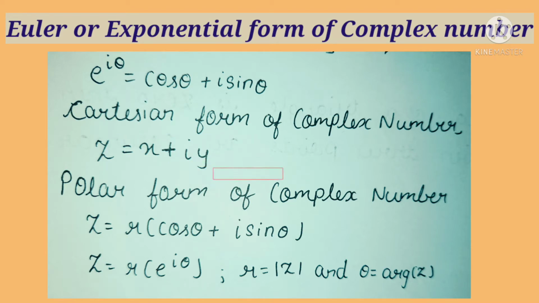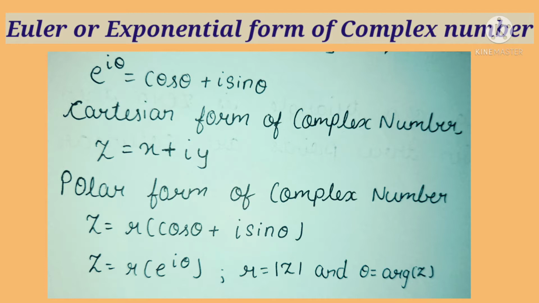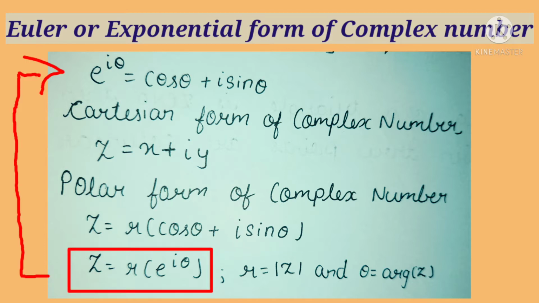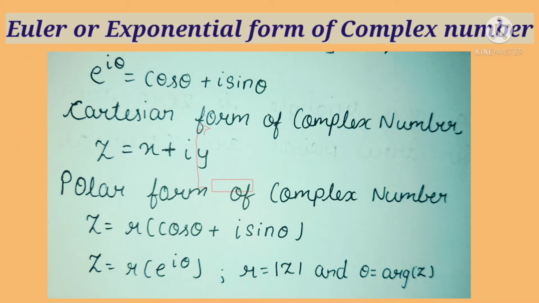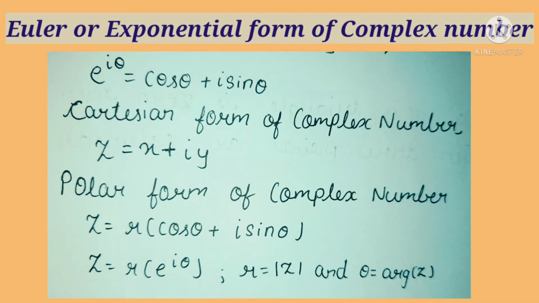Then the polar form of z is z is equal to r times cos theta plus i sine theta. And z can be represented as z is equal to r e raised to i theta, where r is equal to mod z, the modulus of z, and theta is equal to the argument of z. Such a representation of z is known as the exponential form.